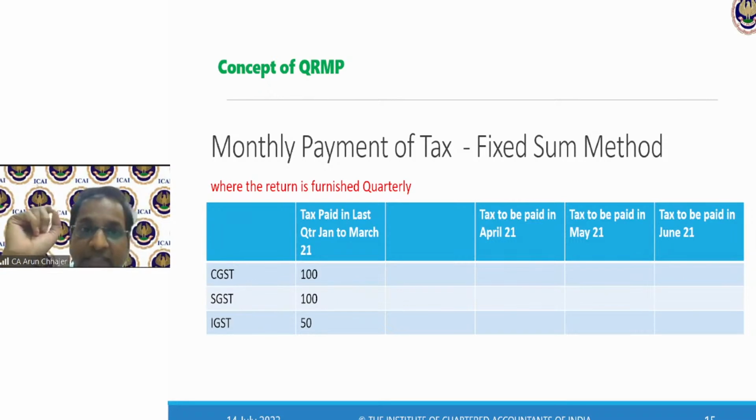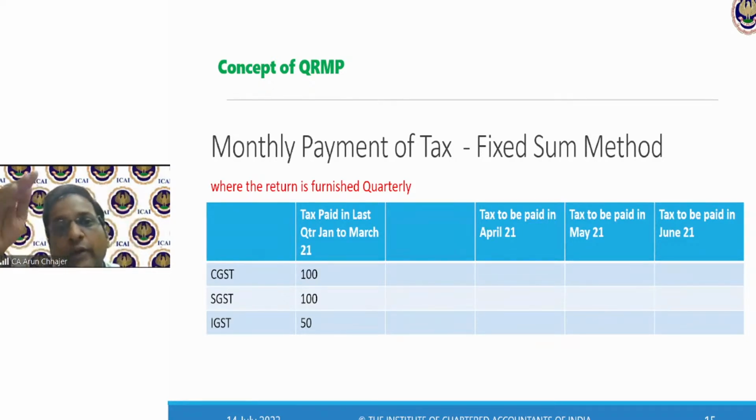For due date of the 3B for QRMP, it is either 22 or 24 depending upon the state. कुछ स्टेट का 22 किया, कुछ स्टेट का 24 किया, to reduce the pressure on the system, that's it.